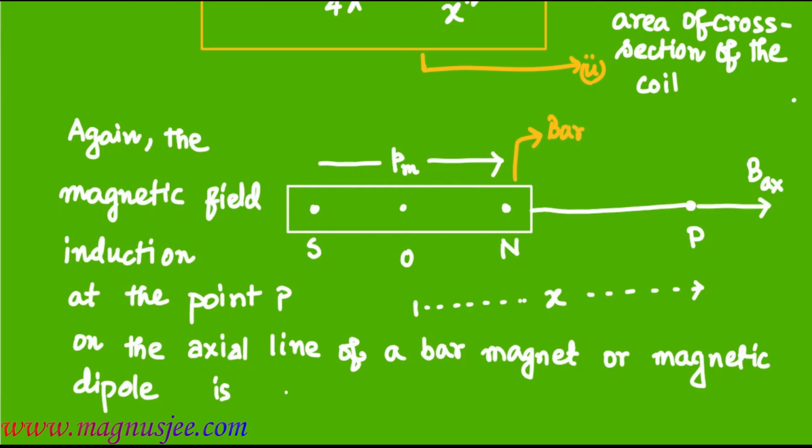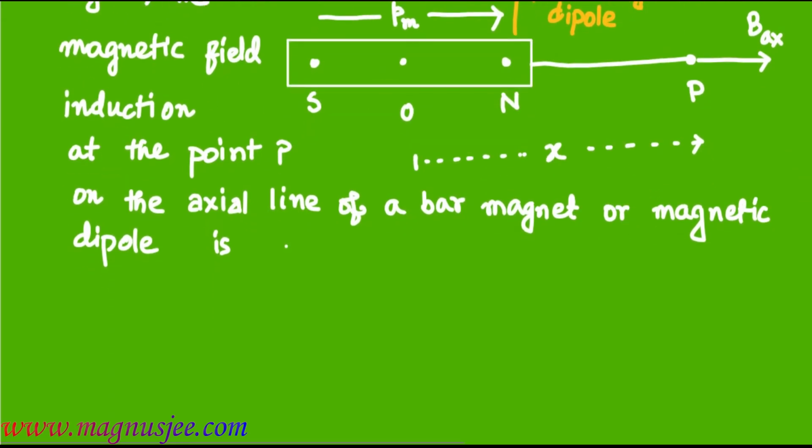and on the diagram, this is the bar magnet or magnetic dipole having south pole and north pole. And due to that bar magnet, magnetic field induction at P is B_AX equal to μ0 by 4 pi, 2 Pm divided by x cube.